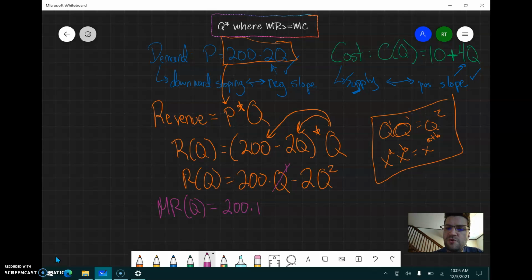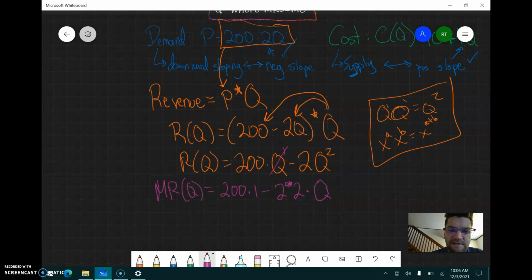If it's a Q to the 2, then we're going to multiply whatever this is by 2. So this will be -2 times 2. And then we're going to multiply that term by Q. It'll be 2 minus 1, so Q to the 1 power, or really since it's to the 1 power, we can just say Q.